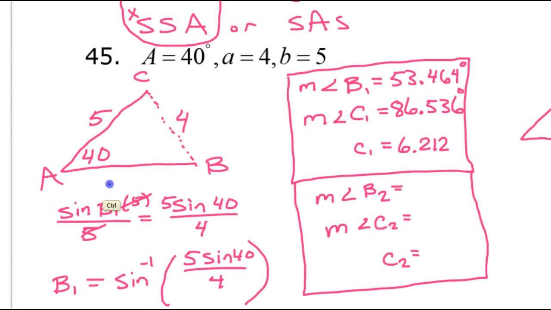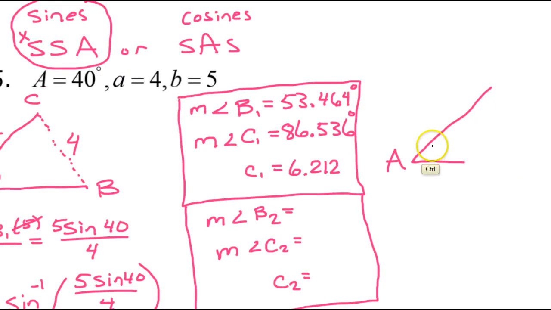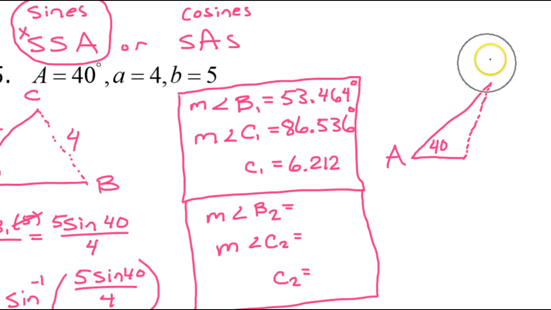I still have angle A in the exact same position, and that is 40. But this time I'm swinging the rope inward, so this is going to be my angle C2 and my angle B2.